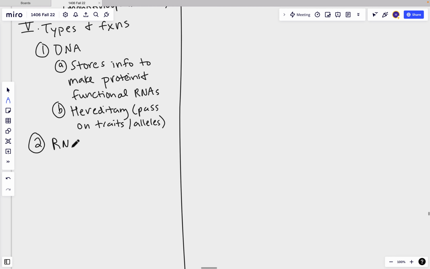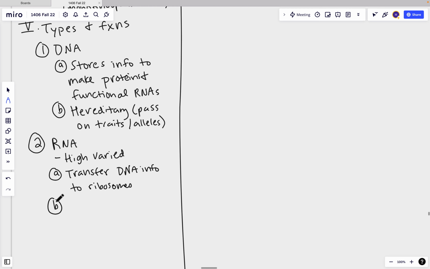The second type of nucleic acid is RNA, ribonucleic acid, which we'll detail in a little bit. It's highly varied in structure and function. Here's just some examples. Different types of RNA can transfer, like mRNA, the DNA information to the ribosomes to make the protein. That'd be mRNA.